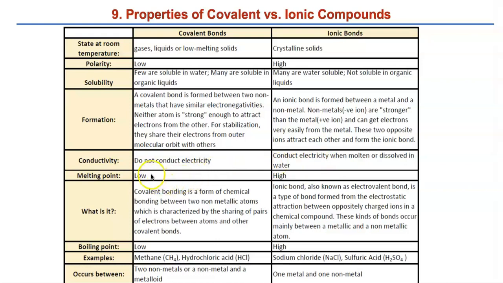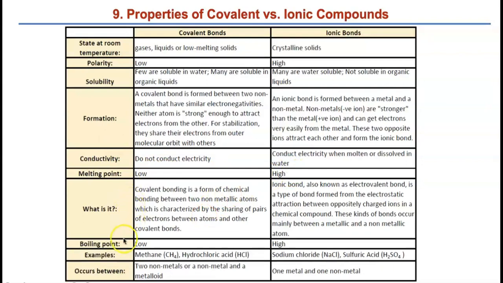The melting point of covalent compounds is low. For ionic compounds it's very high. The boiling points are very low for covalent compounds and very high for ionic compounds. So if you put salt in pasta water, for example, you'll have to heat it a lot longer to get the water to boil, because salt is an ionic compound.